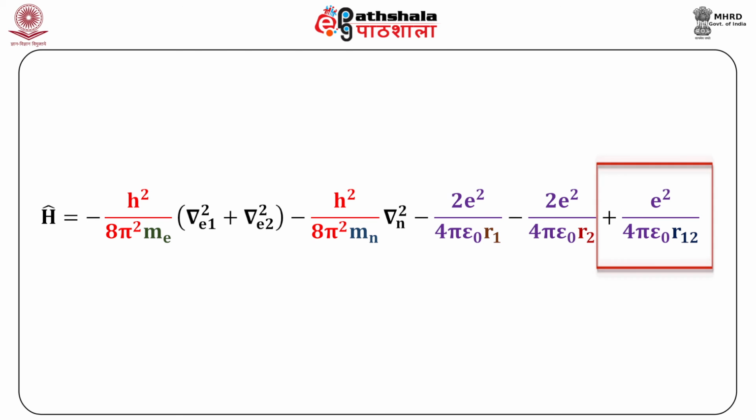And the last term in this equation is the electron-electron repulsion term, and that is e square upon 4 pi epsilon 0 r12. Here r12 is the distance between the two electrons, and as you can see from this equation, this term has a positive sign.